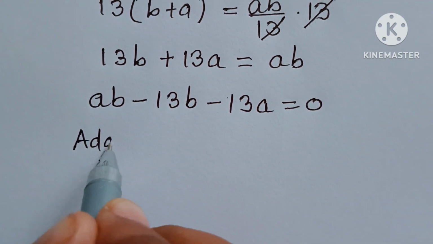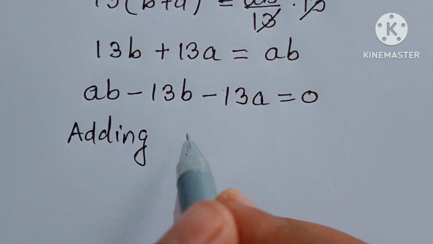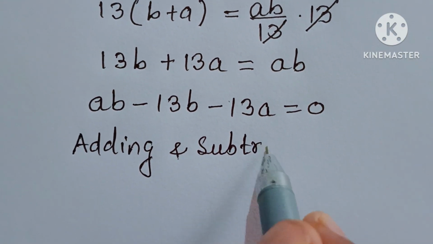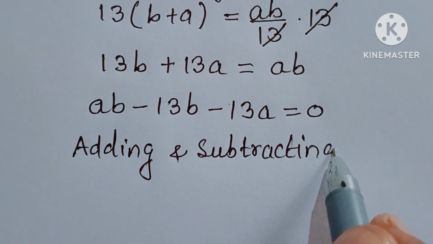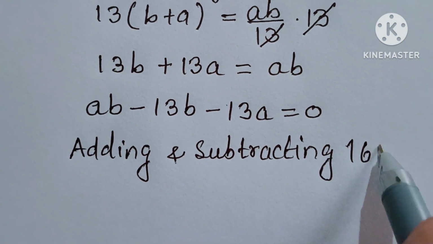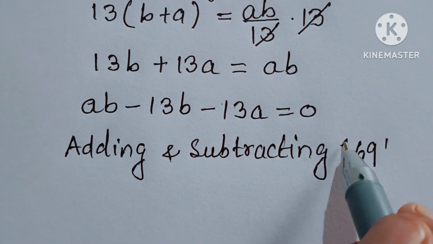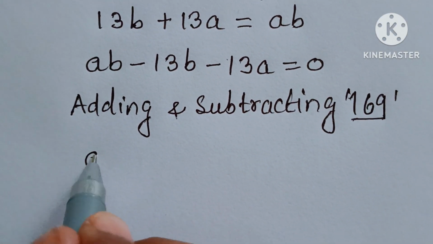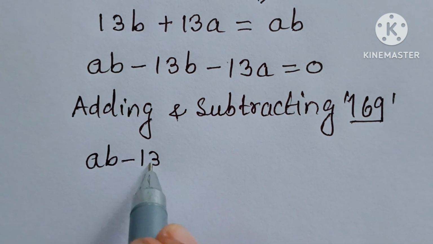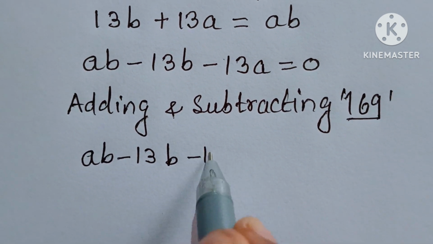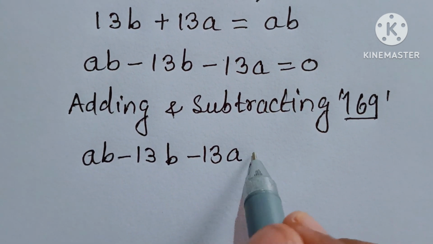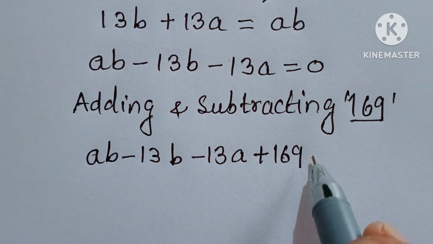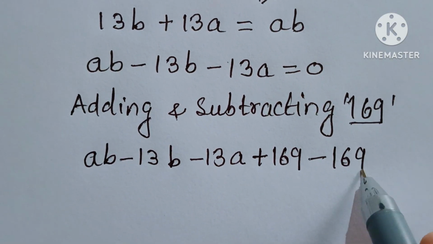Adding and subtracting 169. AB minus 13B minus 13A plus 169 minus 169 equal to 0.